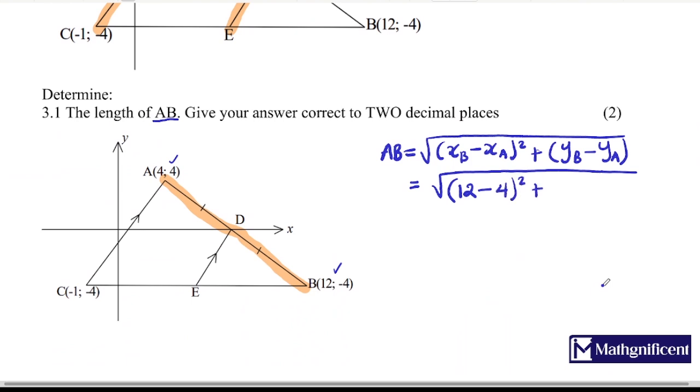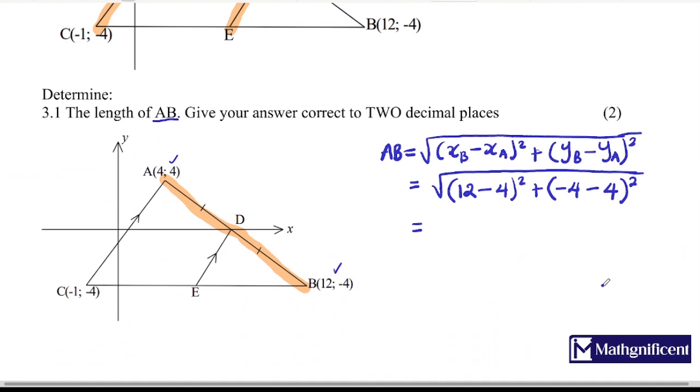Then the y value of B in this case is negative 4. And then the y value of A is 4. And then we square here, don't forget, and then we should extend this line up until it covers everything here.